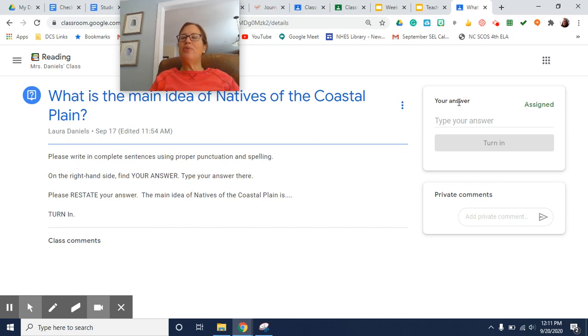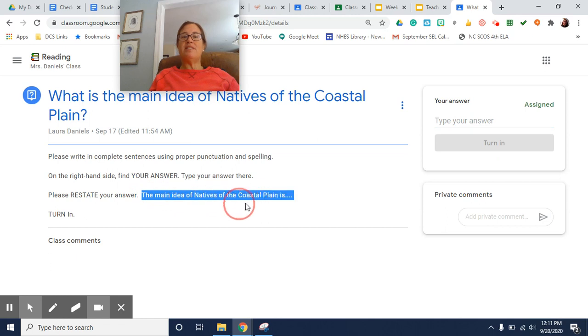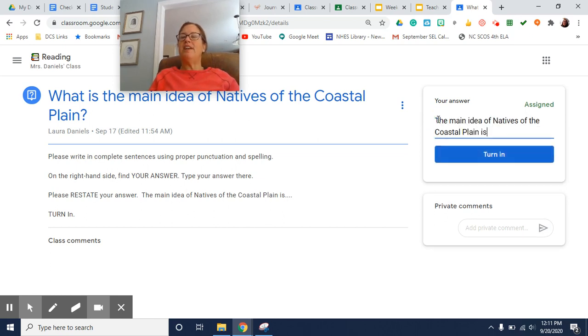You click under your answer where it says type, and it does say over in the directions you have to restate. I'm actually going to copy and paste this. I'm going to highlight this and hit Control C, and I'm going to click my cursor over here and hit Control V. Now I can't turn this in yet because I didn't answer it.